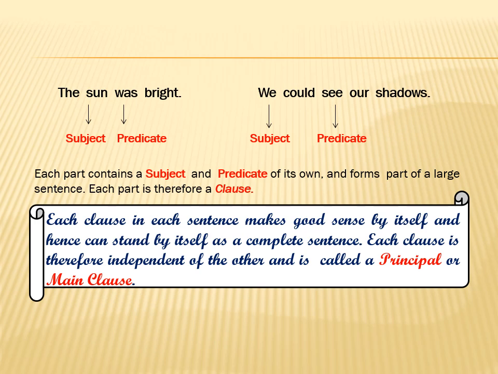For example, the sun was bright is a complete sentence. We could see our shadows is also a complete sentence. So both the parts of the given sentence are independent of each other and they make a complete sense, and they are independent sentences though they are the parts of the sentence. Each clause is therefore independent of the other and is called a principal or main clause.